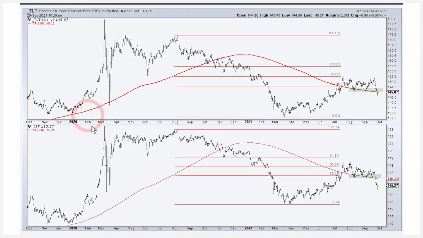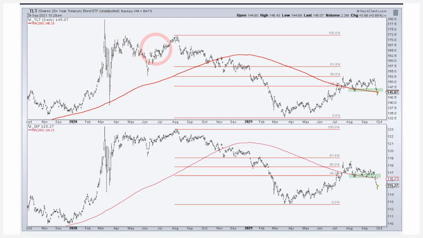So if we look at the TLT and the IEF together, TLT is the 20-plus year Treasury bond ETF. That's the real longer dated one. And you can see here that there's the big surge in January, started in February, and look at that surge into the COVID high.